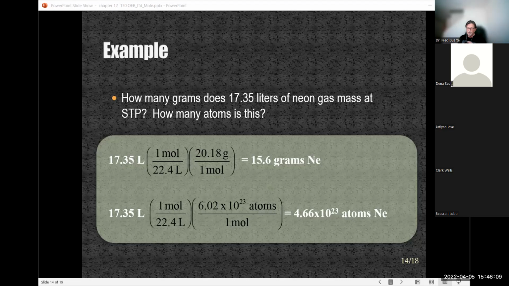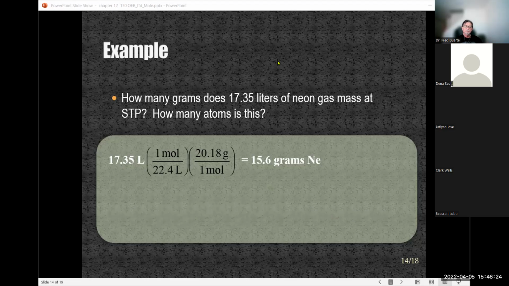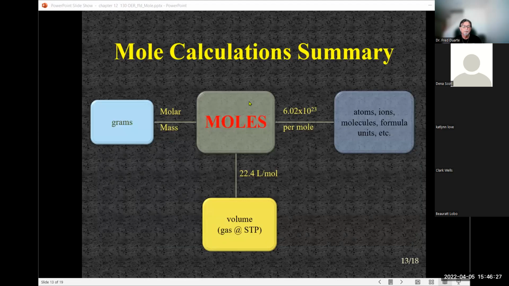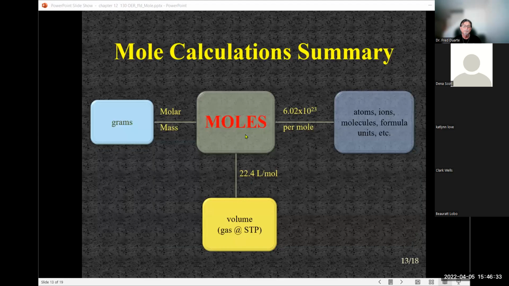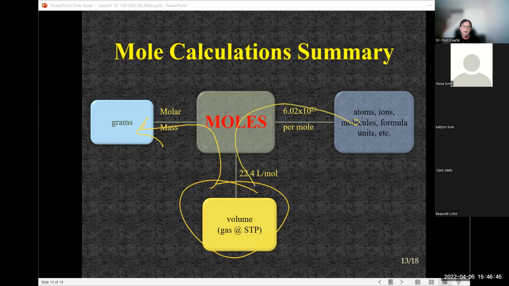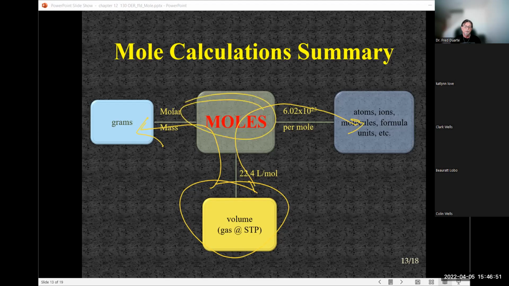Once we're there, all we simply need is Avogadro's number, and it tells us how many atoms of neon gas. On the last flow chart, we were at volume. We went from here to here, and then we went from that same information, the volume, to atoms, but we went through moles. You have to go through moles.